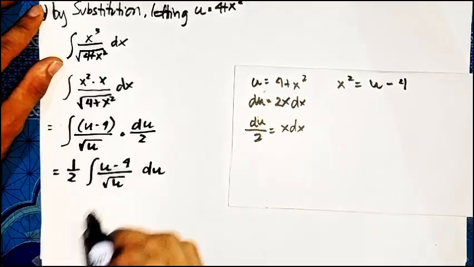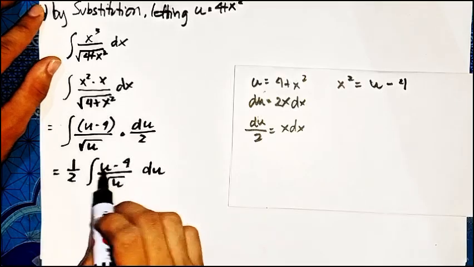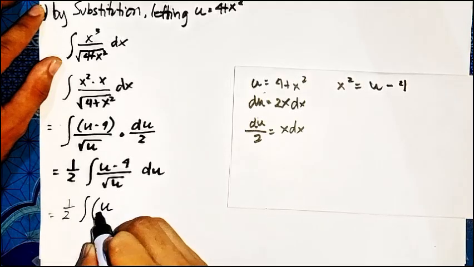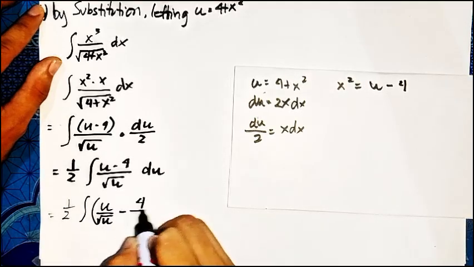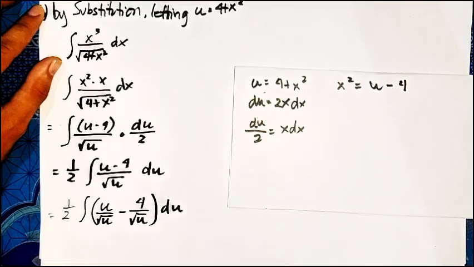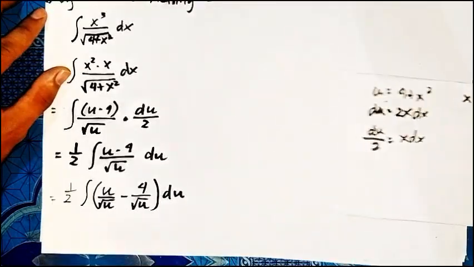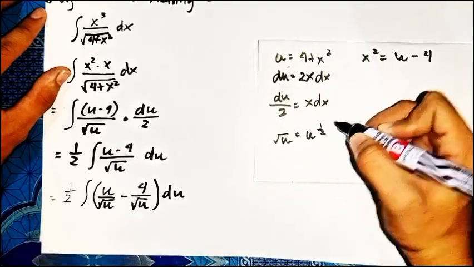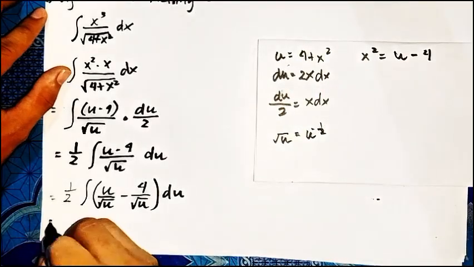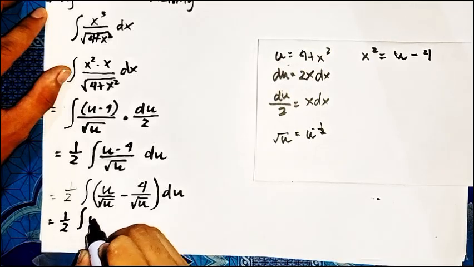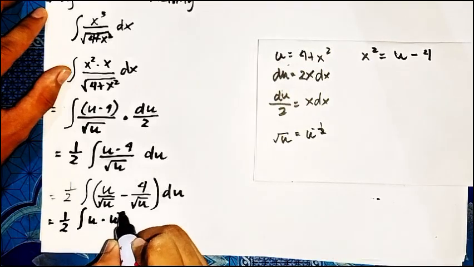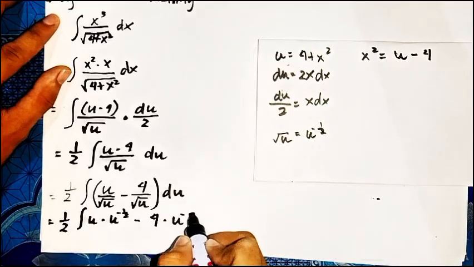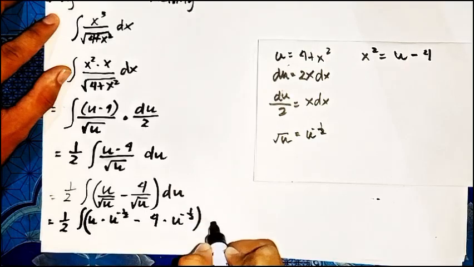Now since it has a common denominator, let's separate this numerator. So we have 1/2 integral of u over the square root of u minus 4 over the square root of u du, right? Next, since the square root of u is the same as u to the 1/2, so 1 over the square root of u is u to the negative 1/2. So we have 1/2 integral of u times u to the power of negative 1/2 minus 4 times u to the power of negative 1/2 du.